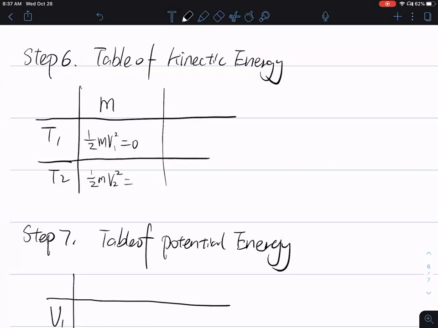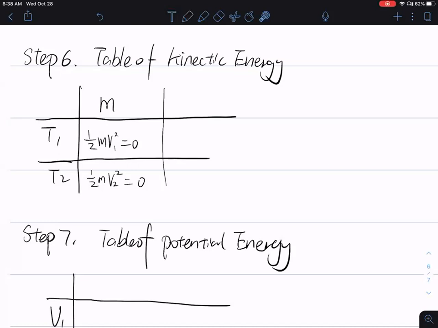Can you play a small movie in your brain? When a block is hitting the spring, compressing the spring, at that one moment it will have 0 speed, and right the next moment it will be pushed back by the spring, right? So at position 2, v2 is 0. We have 0 kinetic energy. So that's interesting. 0 kinetic energy at the beginning, 0 kinetic energy at position 2.